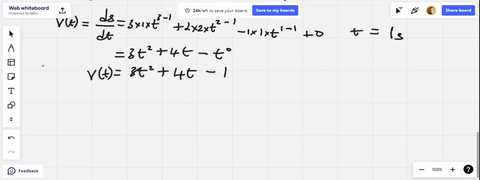What is now left is for us to substitute.